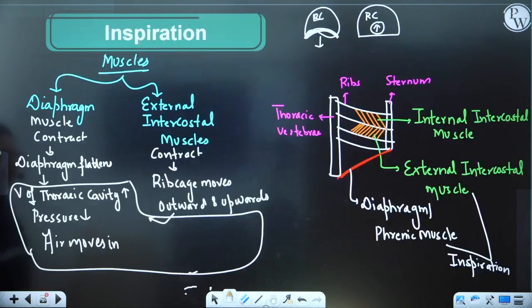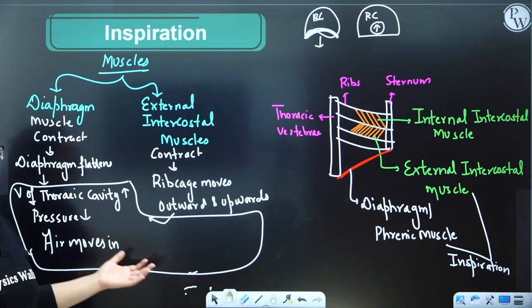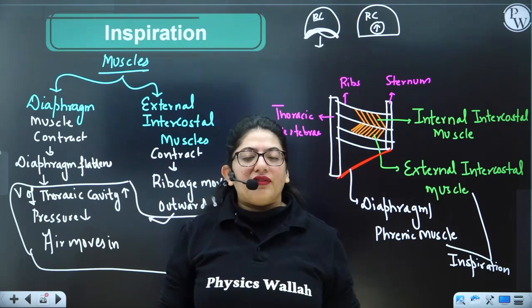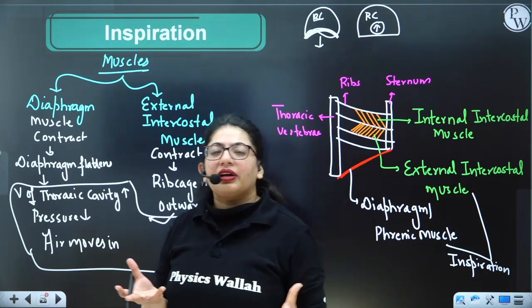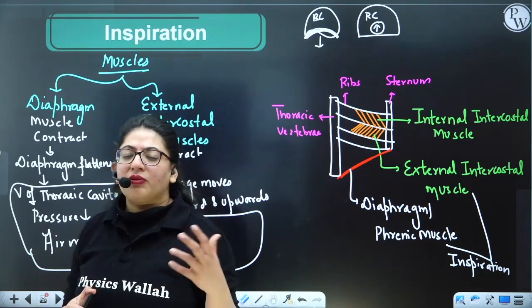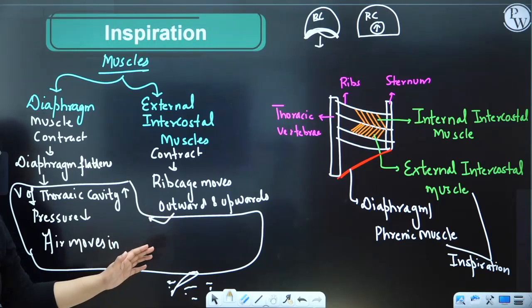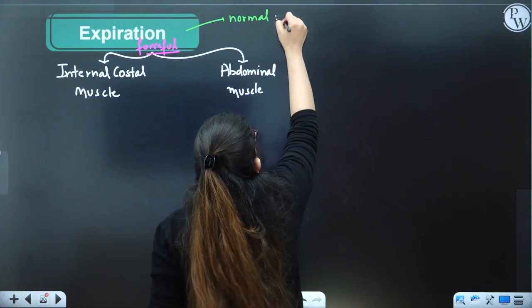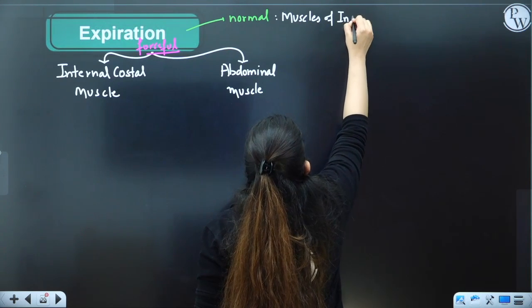So here what is happening? The muscles are contracting during inspiration. So if all these muscles get relaxed, everything will go back to its original position, right? That means the volume will get reduced, the pressure will increase and air will move out. So the reverse is taking place during normal expiration. During normal expiration, the muscles of inspiration relax.